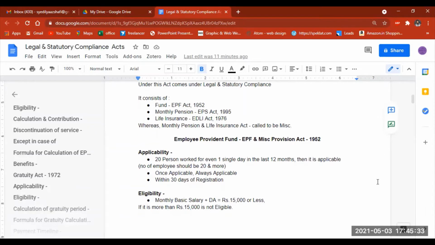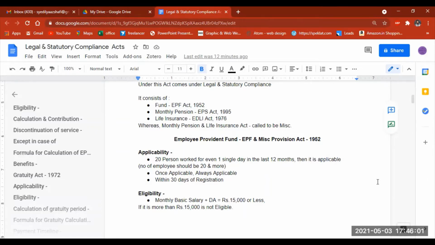As we discussed, the first is the fund, that is the Employee Provident Fund Act. Followed by that, we have the monthly pension, which comes under the Employee Pension Scheme Act, established in 1995. Then we have life insurance, which comes under the Employee Deposit Linked Insurance Act 1976.